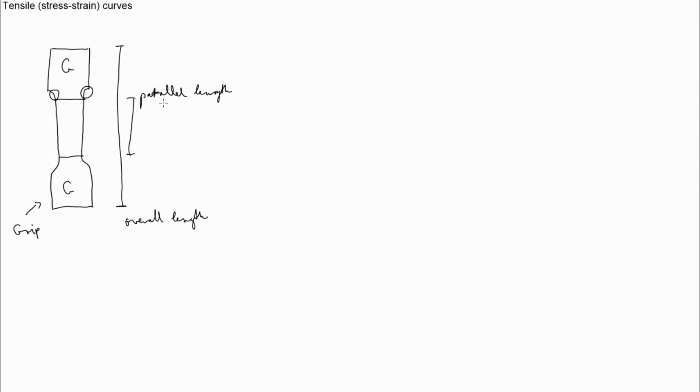you try to measure the displacement of the material as precisely as possible. So sometimes you just use the parallel length for the measurements, but sometimes you attach an extensometer to the material which can measure the displacement very precisely. So usually that is fixed to the sample somewhere in between the area of the parallel length, and then this is called basically gauge length.